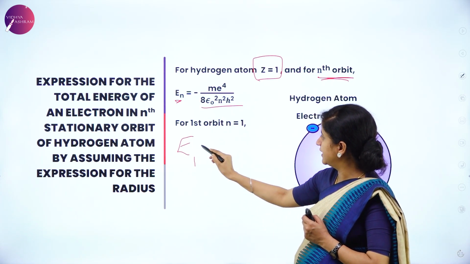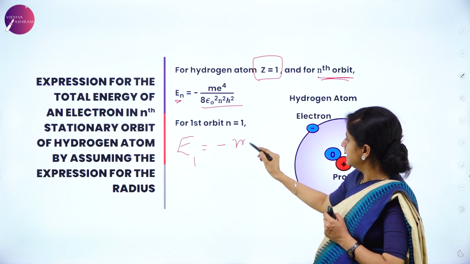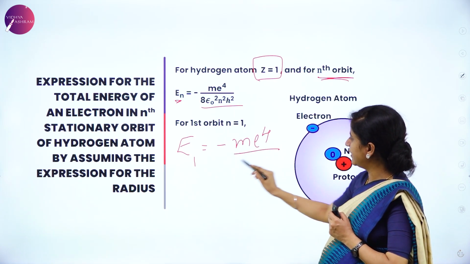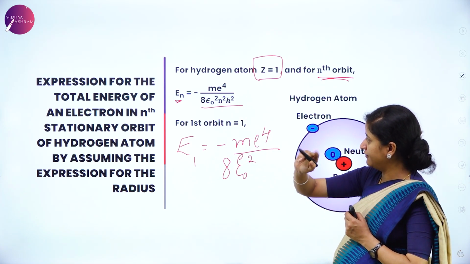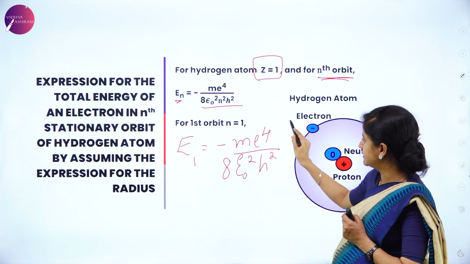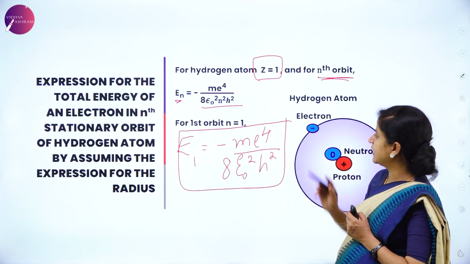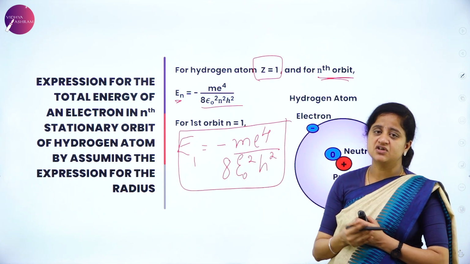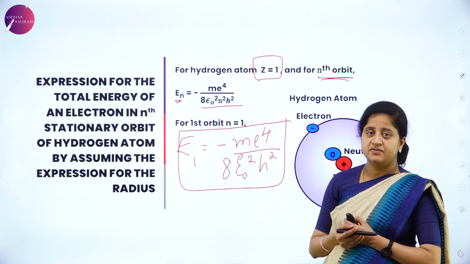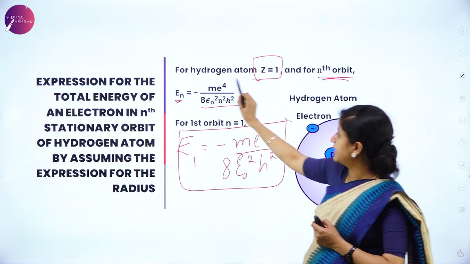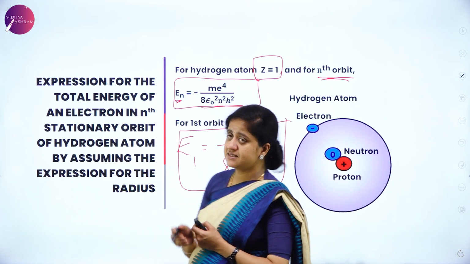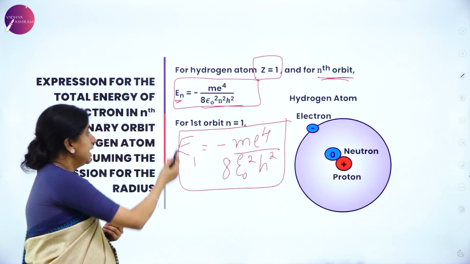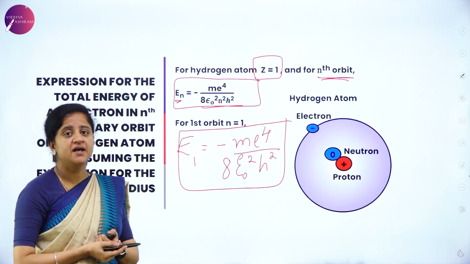E1 is equal to minus m e power 4 divided by 8 epsilon naught square, n value will become 1 and we remain with h square. So like this, we can write the expression for each orbit's energy. So for the nth orbit of a hydrogen atom, the energy is given by En is equal to minus m e power 4 divided by 8 epsilon naught square n square h square.